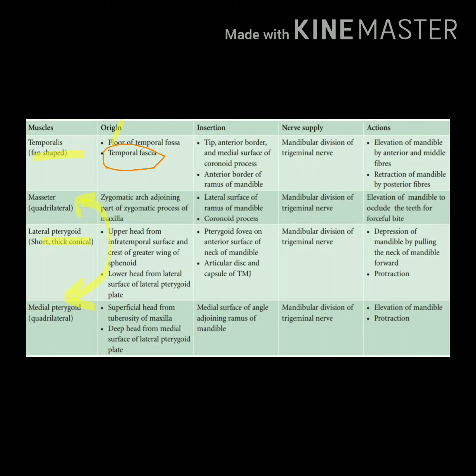Masseter arises from the zygomatic arch. Lateral pterygoid originates from the lateral pterygoid plate. Medial pterygoid arises from the superficial head of the tuberosity of the maxilla, and the deep part arises from the medial surface of the lateral pterygoid plate. Insertion, as already said, everything will be inserted in the ramus of the mandible, and as this is from the first arch nerve, the mandibular division of the trigeminal will supply.